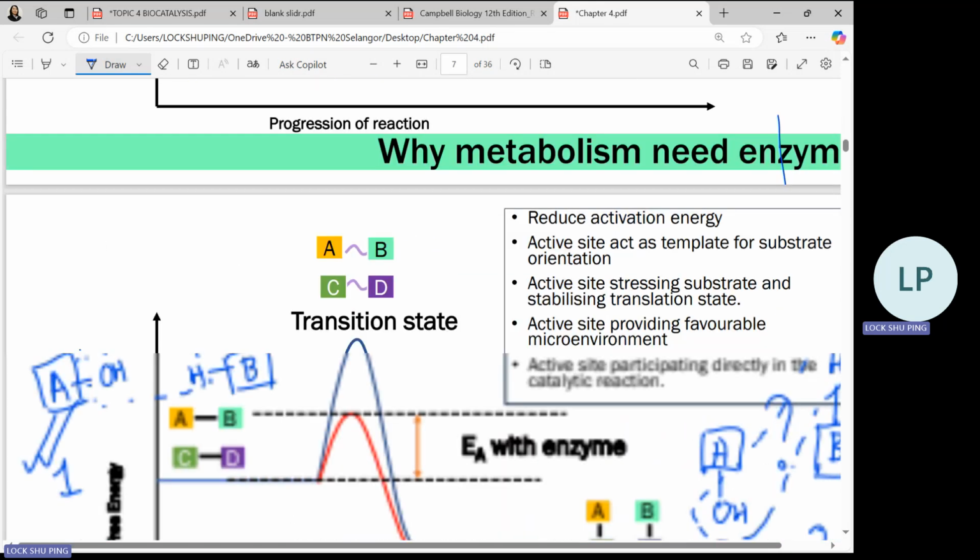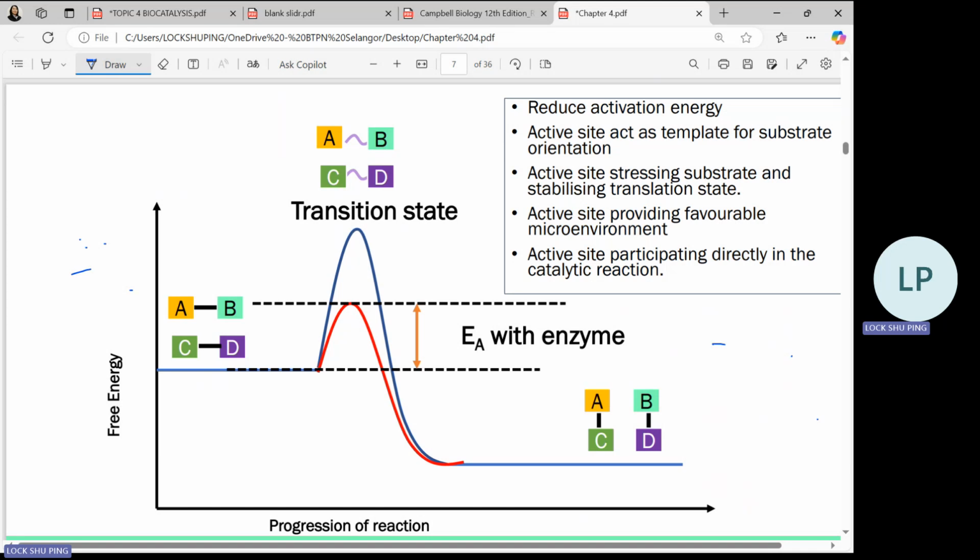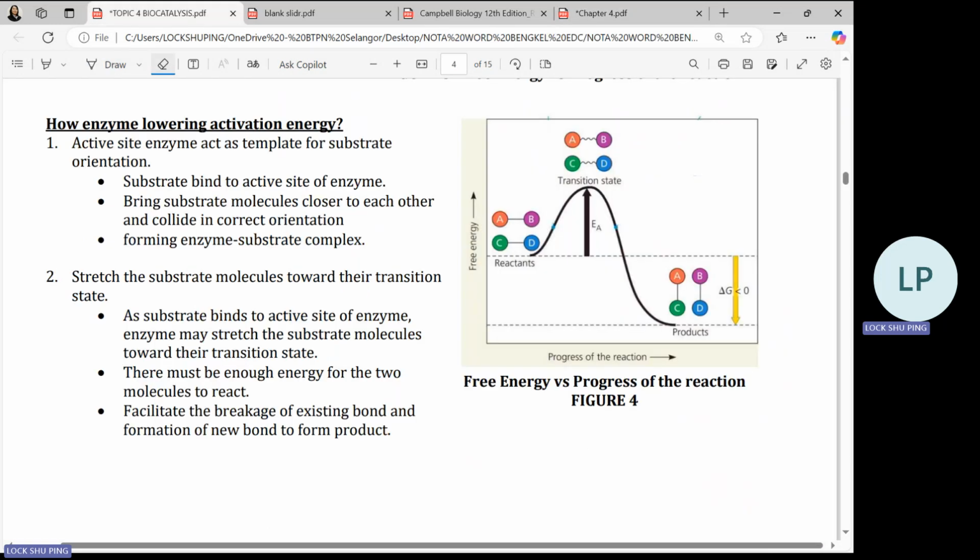Okay, let us go through how the presence of enzyme is able to lower the activation energy. Before we discuss in detail why, just look at your bullet. You're going to notice that the first step is that the substrate must bind with the active site of the enzyme. That is very essential.